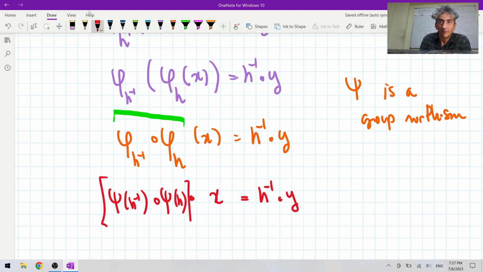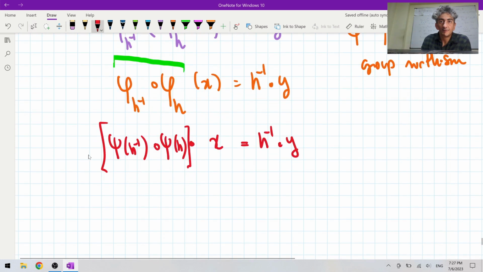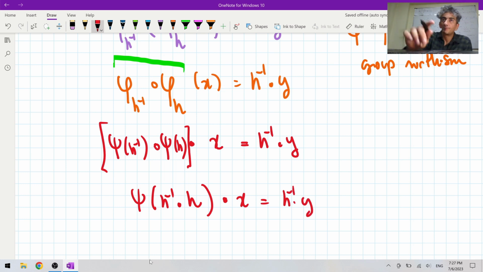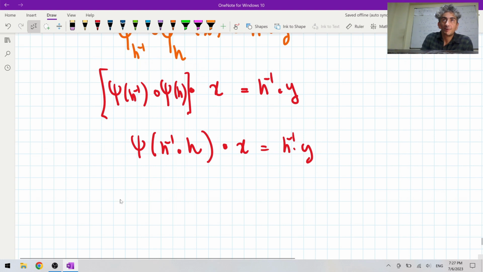And now we use that psi is a group morphism, and this is simply psi applied to h to the minus 1 times h. So this is almost here now, because since these two guys are inverse to each other, this is psi applied to the identity element.